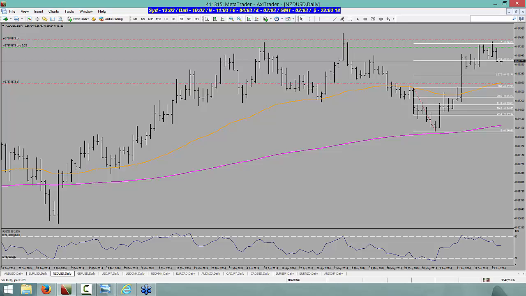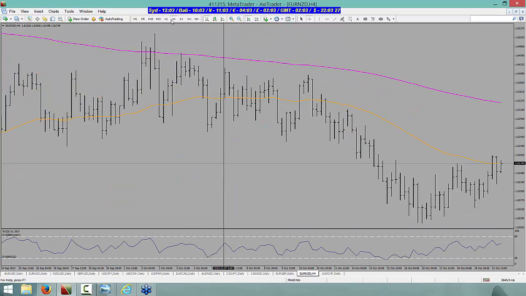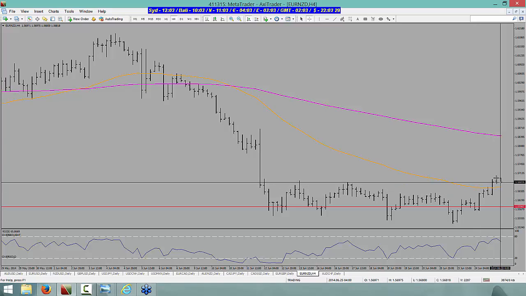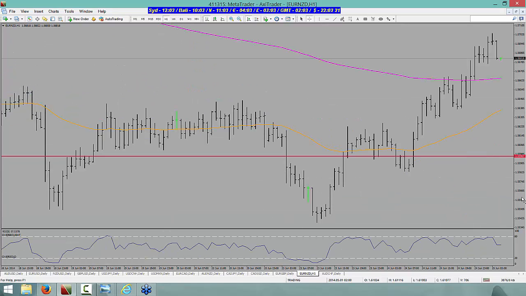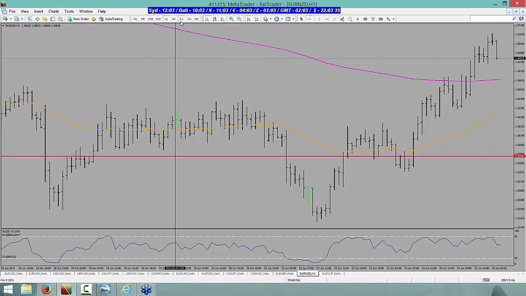What do you think about going down to hourly and waiting for a bit of a pullback there for a better risk reward? Presume you're talking about the Euro Kiwi. Yeah, you could be looking at trading the phase 1 on the 4-hour or even the hourly, and getting a better risk reward. You know what your target is.